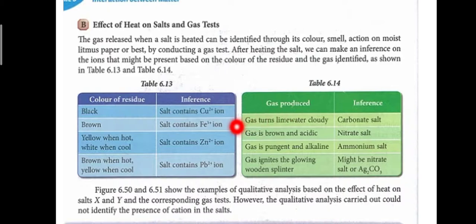Table 6.14, gas produced and the inference. If the gas turns lime water cloudy, this is a carbonate salt. If the gas is brown and acidic, nitrate salt. If the gas is pungent and alkaline, ammonium salt.